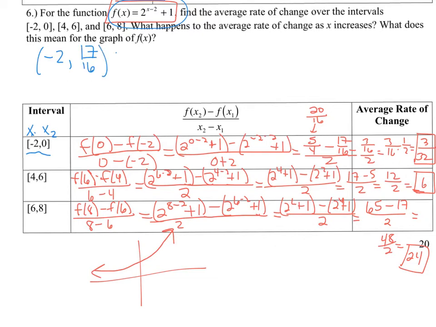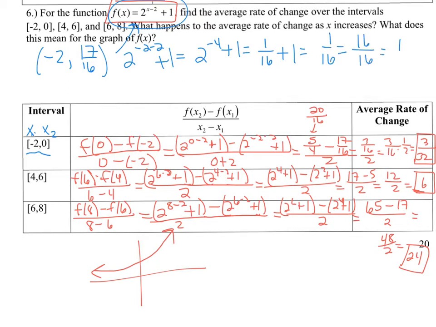And I got this from this formula. When I plugged in -2, I had 2 to the -4th plus 1, which is 1/16 plus 1, and 1 is 16/16. So I got 17/16. So that was my y value.